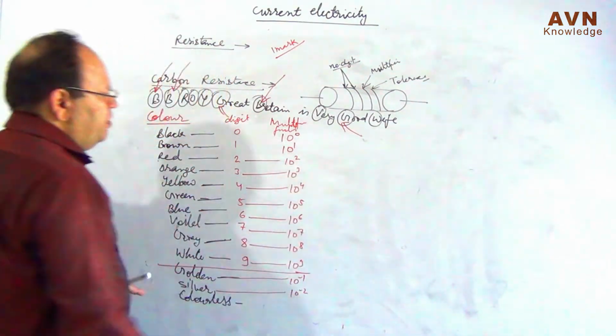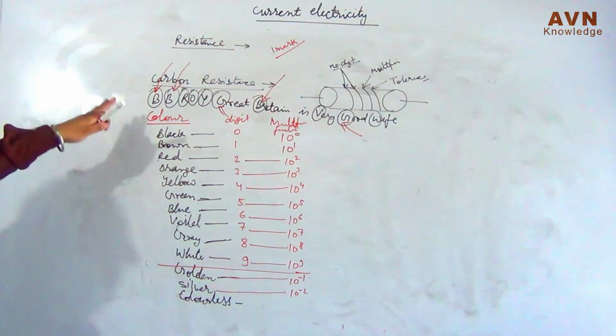This is the multiplier factor of the color coding.